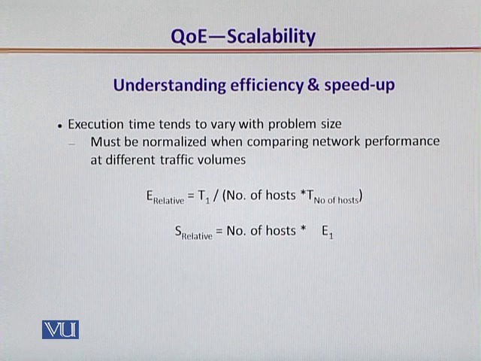Here we see that the execution time as a relative entity is the ratio of the time it takes with one host and the time it takes with n number of hosts. So if, let's say, we have 10 hosts and the overall execution time for one host to 10 hosts is 10% or 0.1, it means that the execution time is fairly linear.